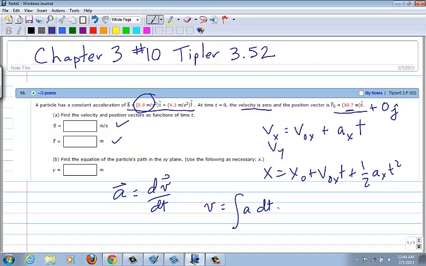You'll have a constant, so you'll have to evaluate the constant, but then you can get your velocity in the x and do another integration using the acceleration in the y direction to get yourself a velocity in the y. And you'll wind up then, they will be the same in this case since it is a constant acceleration.